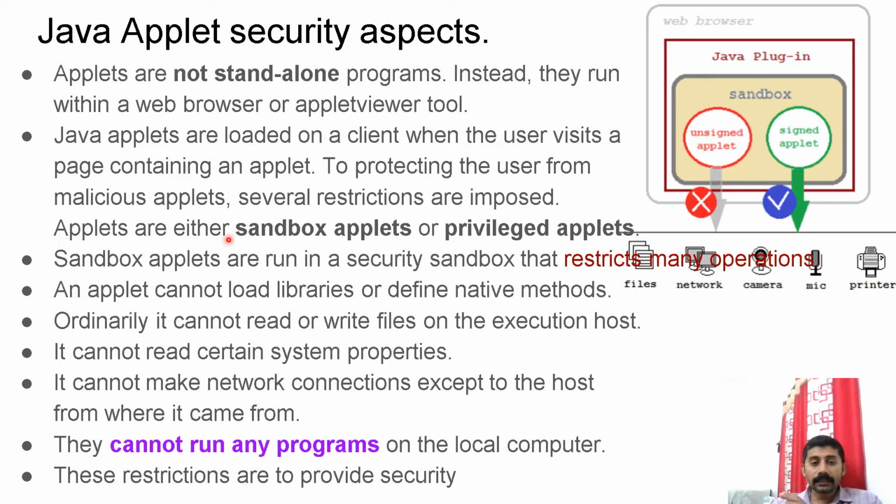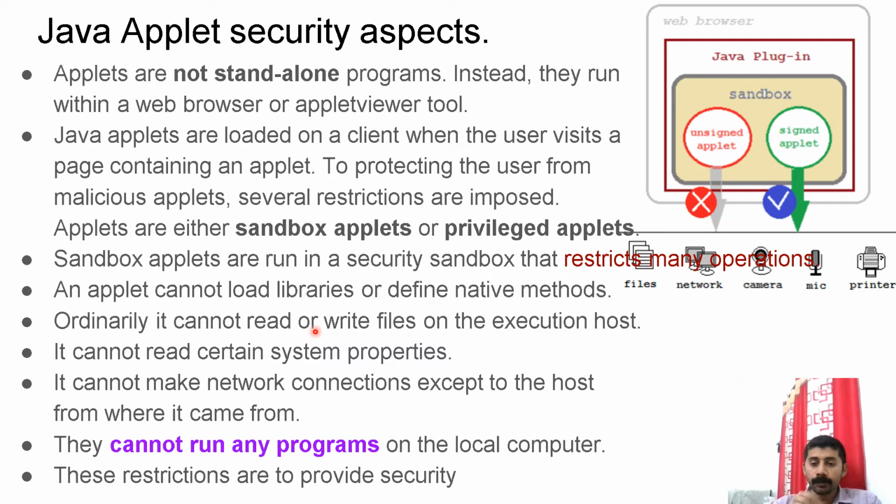Applets are either sandbox applets or privileged applets. Sandbox applets are run in a security sandbox that restricts many operations. An applet cannot load libraries or define native methods. Ordinarily, it cannot read or write files on the execution host.